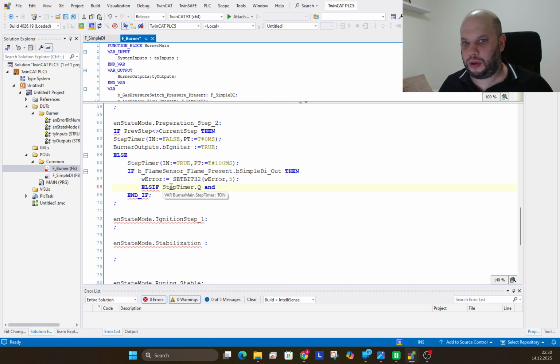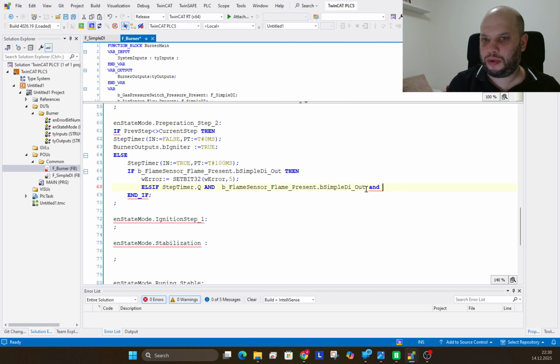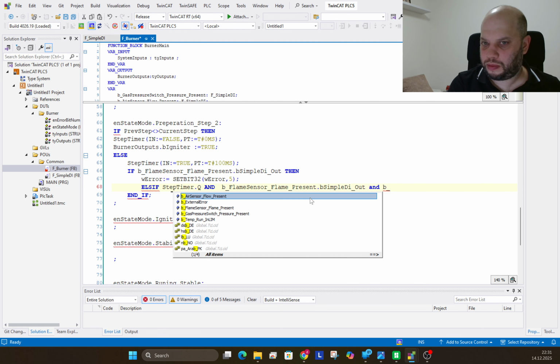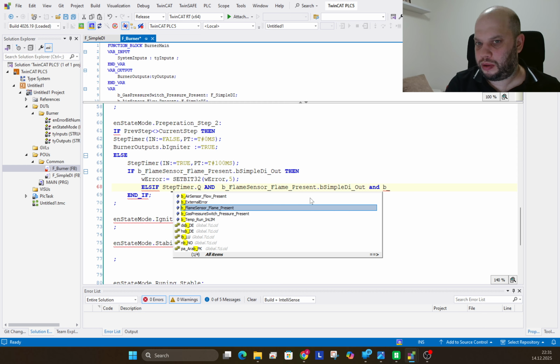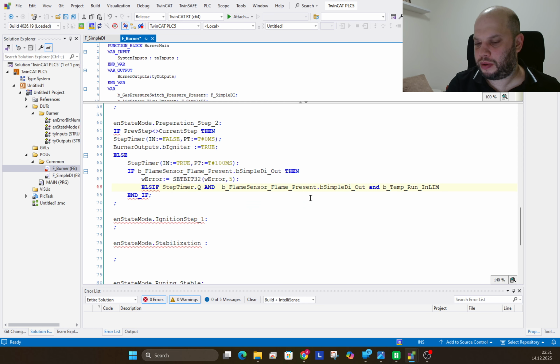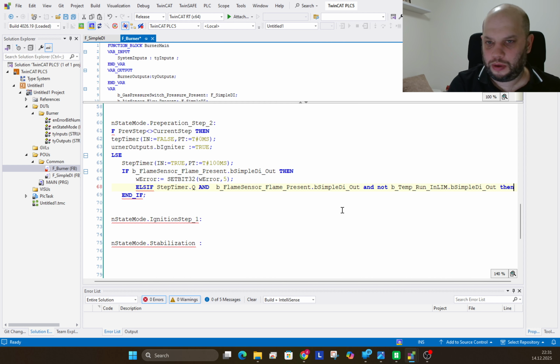The timer Q. There is no flame and there is no temperature. There is no temperature. Then next step.